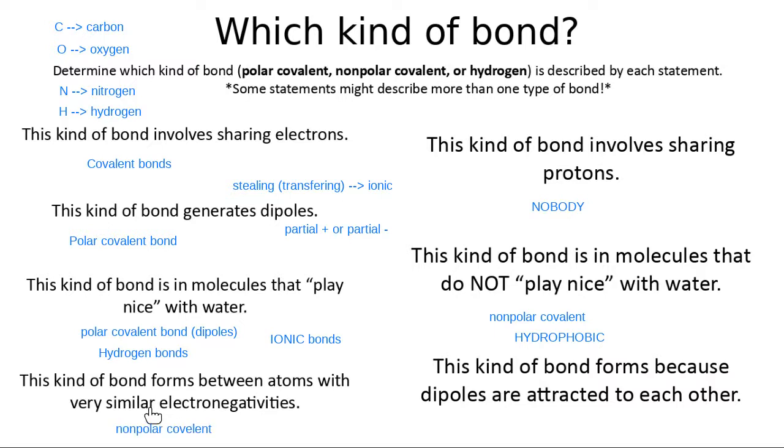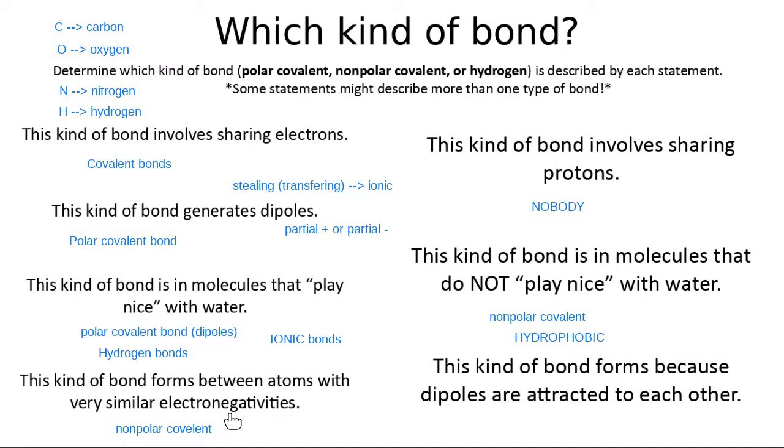Remember that this word electronegativity is how badly I want to have the electrons. If we both want the electrons the same amount, if we're both tugging on them the same, we're going to share those electrons equally. Non-polar covalent. We both want them the same. We have the same electronegativity. We're going to pull on them equally.